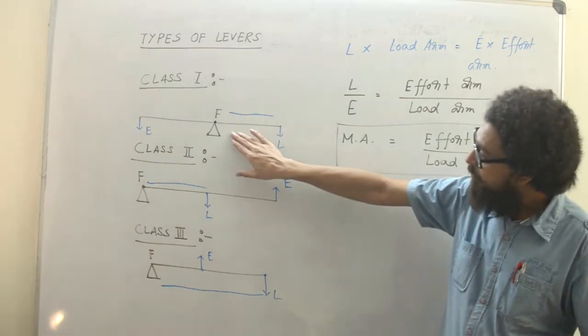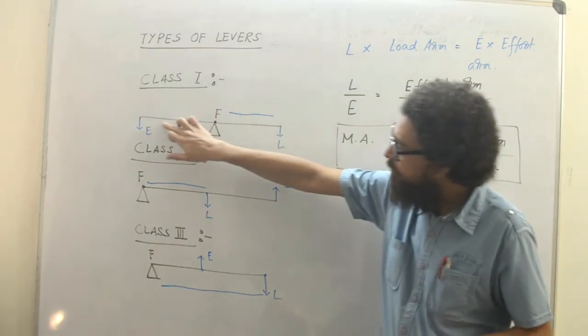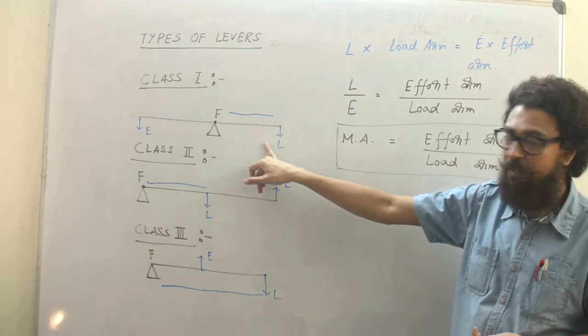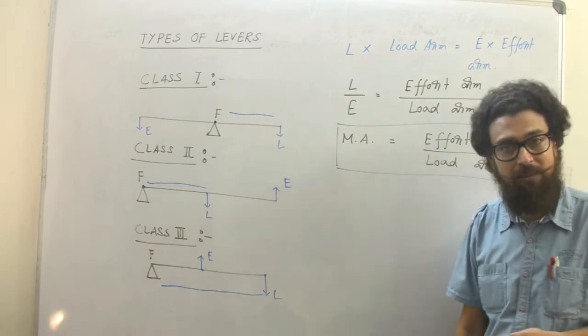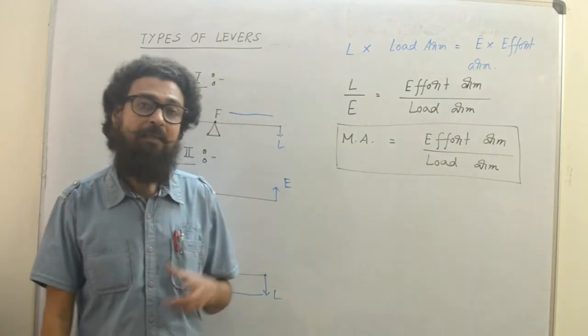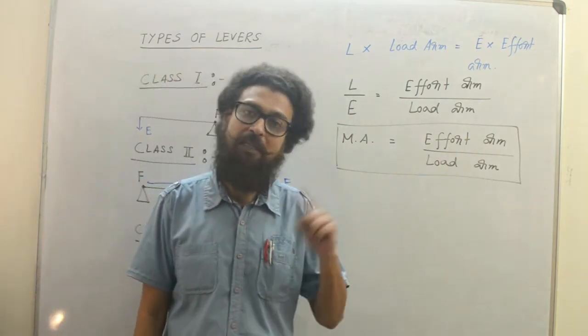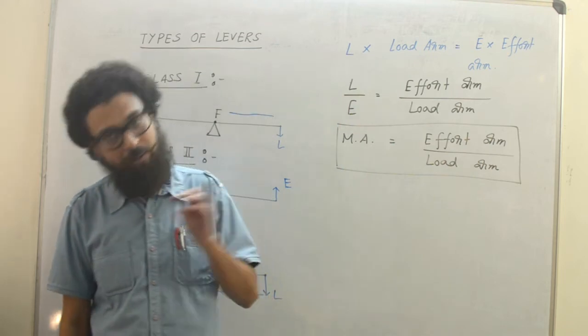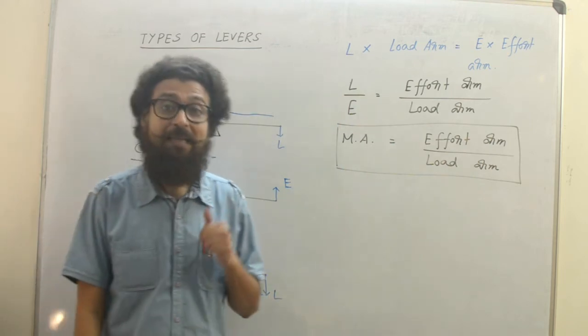And if the fulcrum is towards the load side, then the effort arm is more than the load arm in class 1, so mechanical advantage is greater than 1. So class 1 is a very peculiar lever, that it can have a mechanical advantage greater than, equal to, or even less than 1.